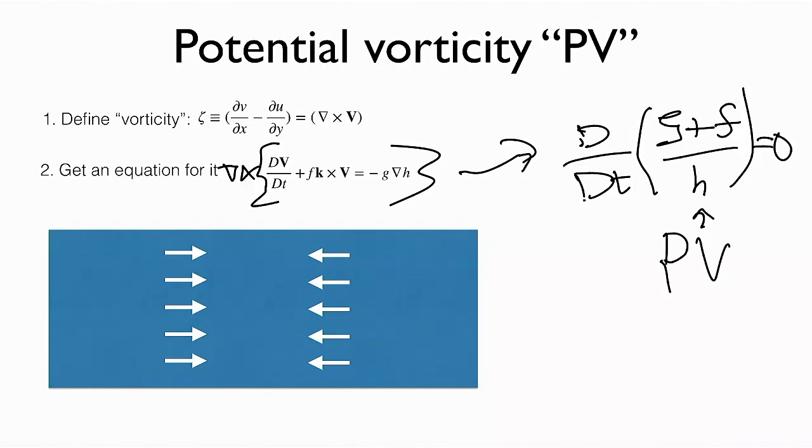And f, the Coriolis parameter, which we saw before, but I didn't say what it was, f equals 2 omega times the sine of the latitude, is the local horizontally projected spinning rate of the Earth itself. The effective spinning rate of the Earth itself.